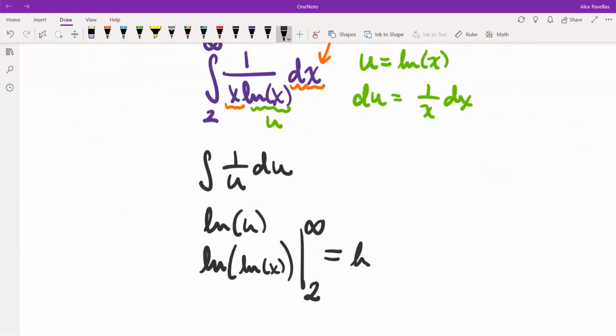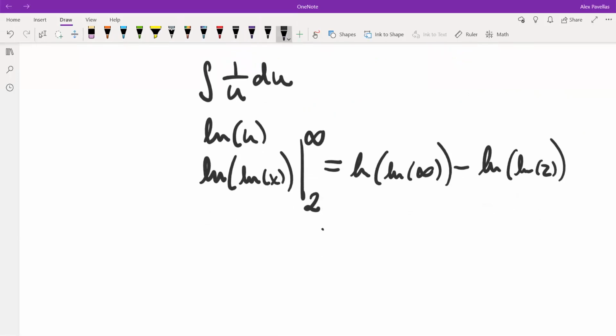So this is the log of log of infinity minus the log of log of 2. The log of infinity is infinity, and the log of that would be infinity.